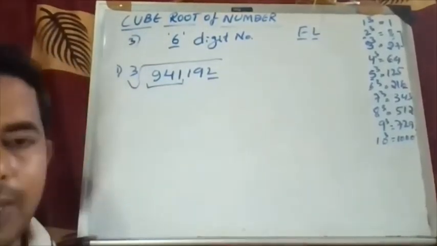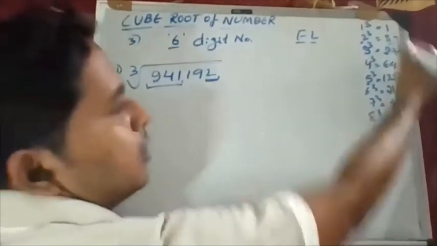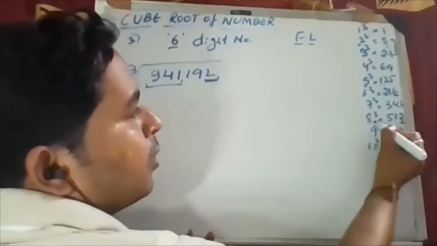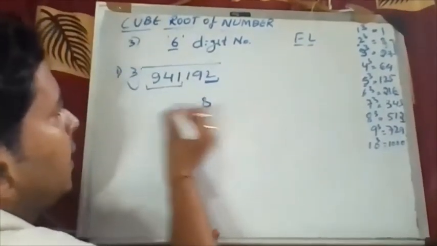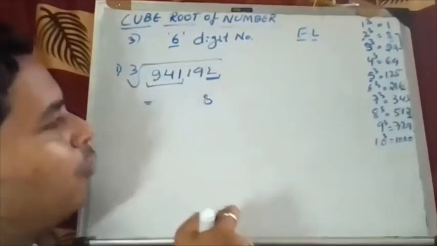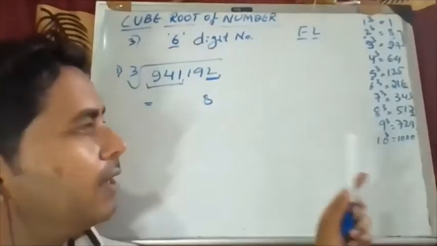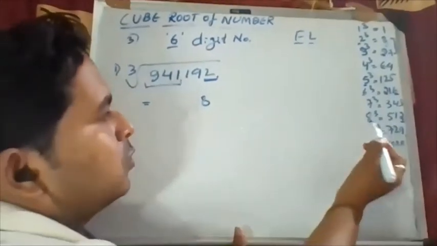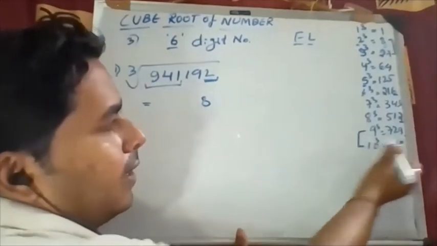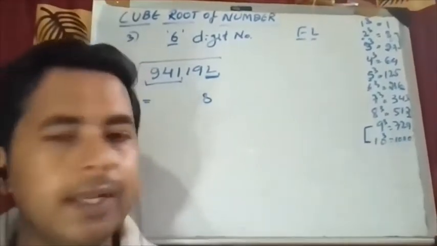Then check the value. Here 2 is the unit digit. So what gives 2? 512, and its corresponding value is 8. The last digit will be 8. Then 941 lies between which values? It will be between 9 and 10, because 9 cubed is 729 and 10 cubed is 1000.